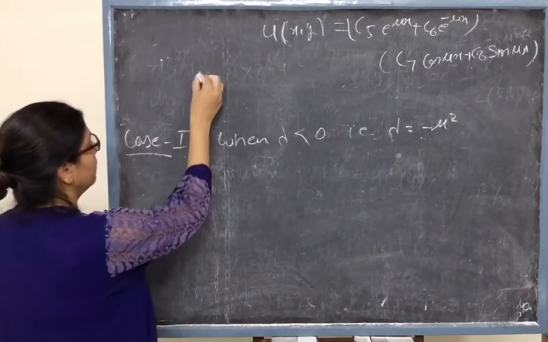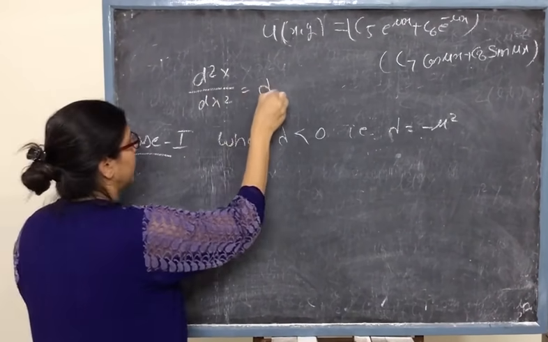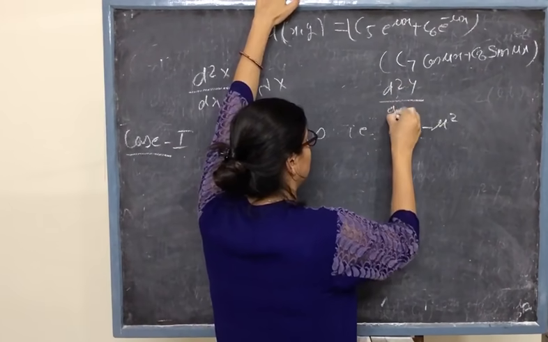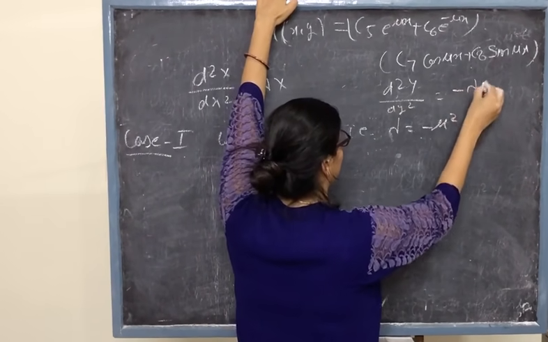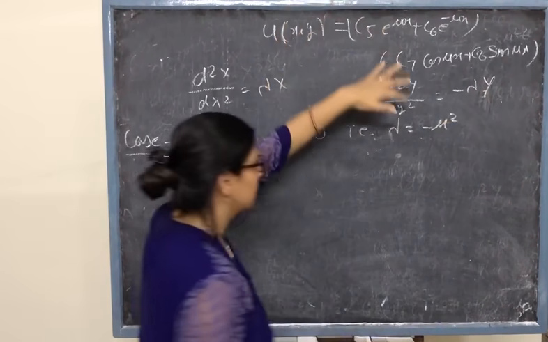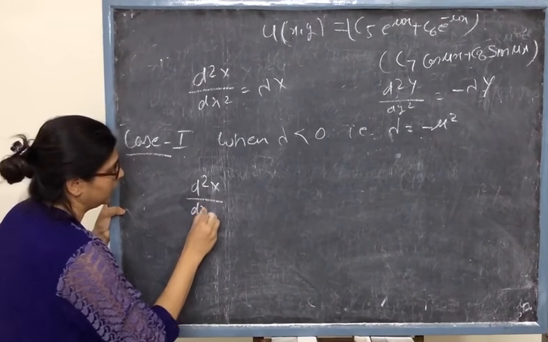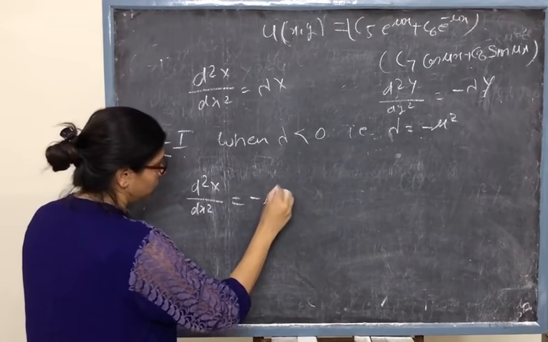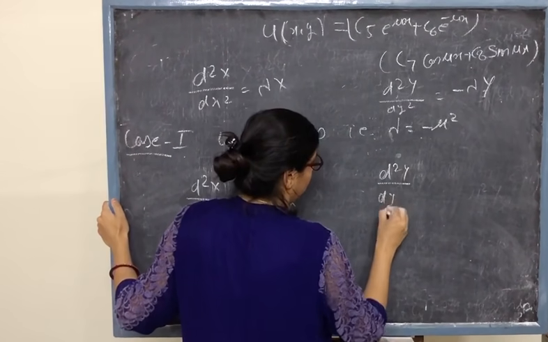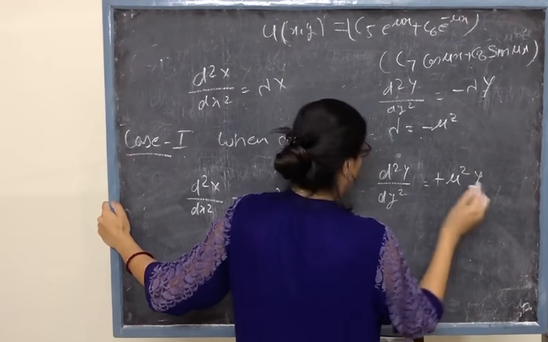Putting this in the equations d²X/dx² = λX and d²Y/dy² = -λY, our first equation becomes d²X/dx² = -μ²X, and the second is d²Y/dy² = +μ²Y.